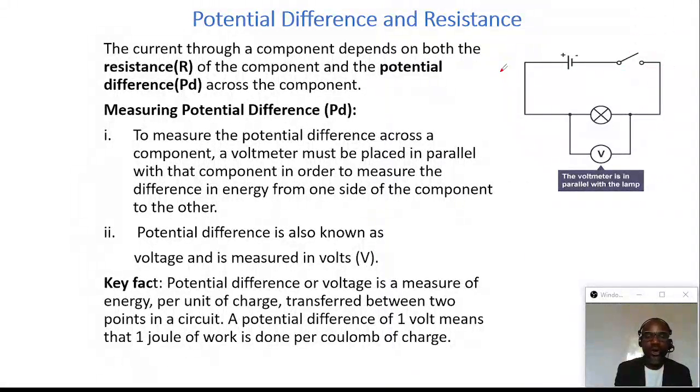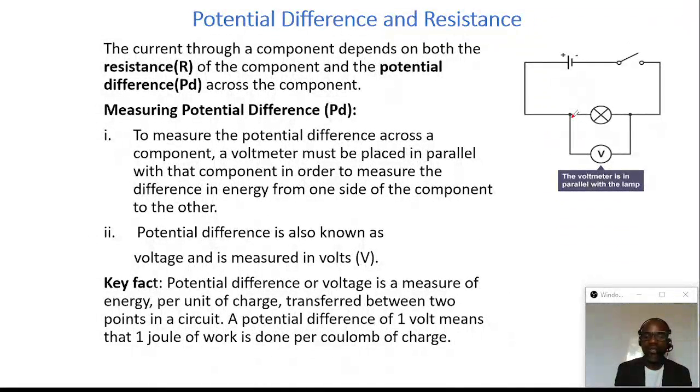The current flowing through this circuit is dependent upon two factors: the resistance of the component to be measured and the potential difference across the component.